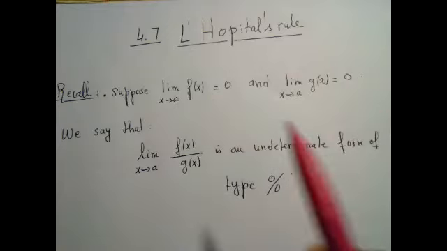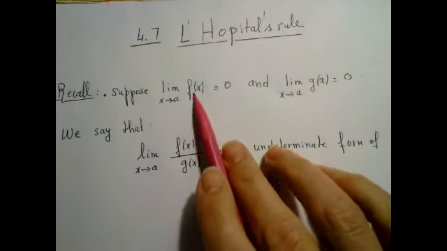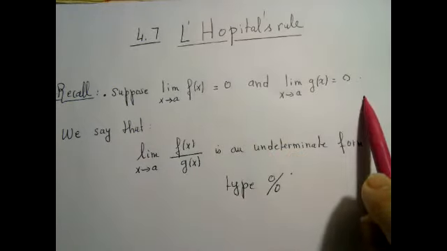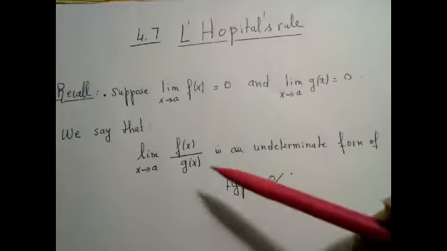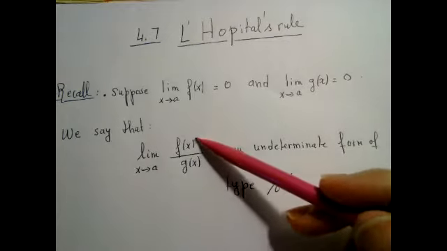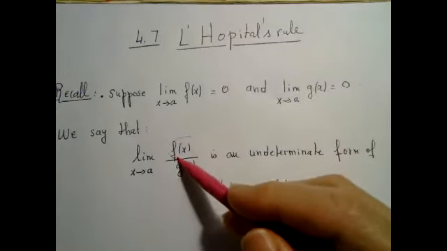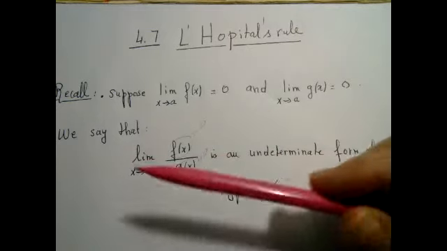So suppose you have two functions, and that's their behavior near a point a: the function f becomes close to 0, and g becomes close to 0. So both f and g become really very small. Then if we look at the ratio, f over g, when x becomes close to a, this becomes close to 0, and this becomes close to 0.